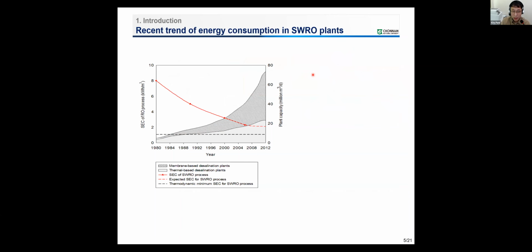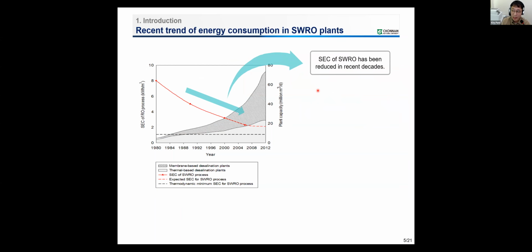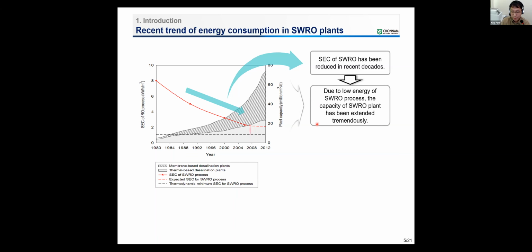This is a recent trend of energy consumption in SWRO plants. Supported by membrane technology development, the SEC of SWRO has been reduced in recent decades. Due to the low energy consumption, many SWRO plants have been installed in various spots, so the capacity of SWRO has been extended tremendously.